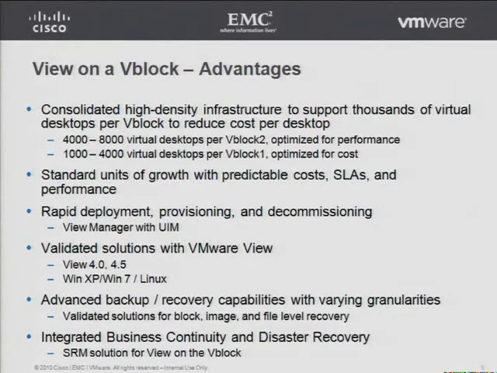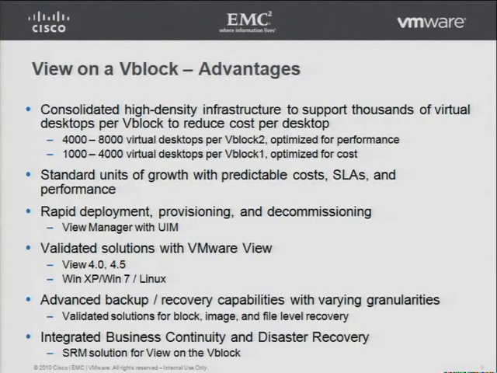EMC has two major product lines. One is the Symmetrix product line, or VMAX, the newer generation of it, and the unified storage product line. Vblock 1 is created with the unified storage product line, whereas Vblock 2 is based on VMAX.